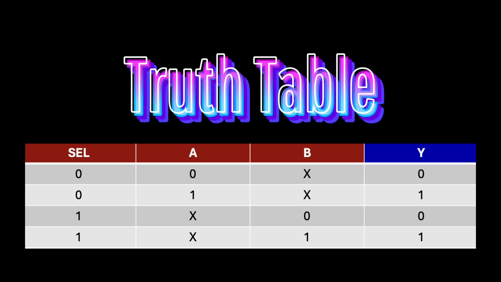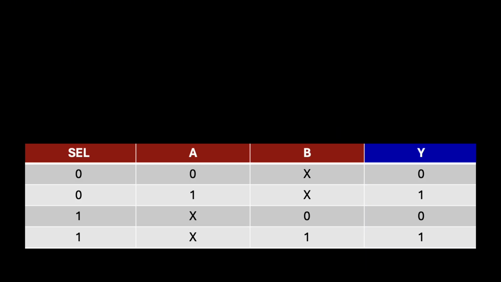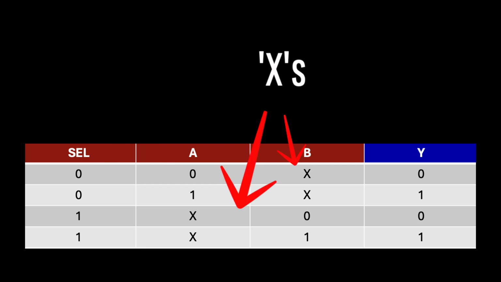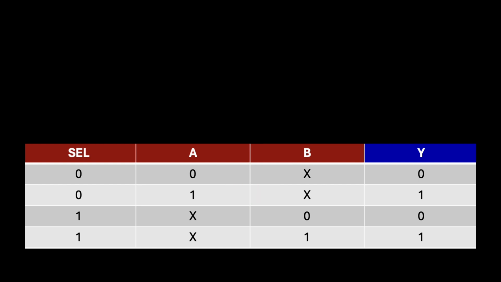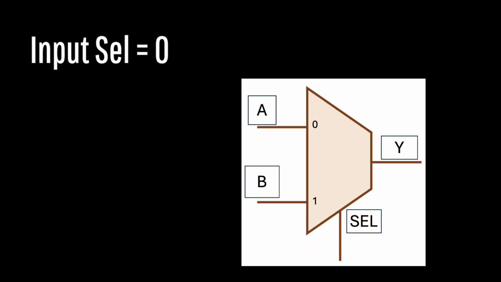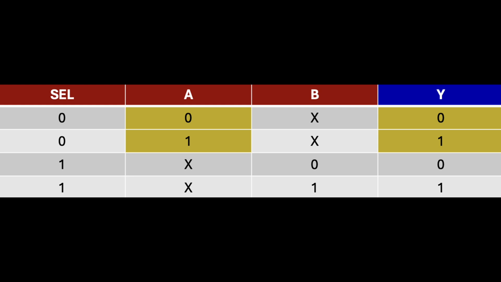Here are the truth tables showing this logic. In this truth table, the values being passed around are 1s and 0s. However, you can also see that there are some x's in the table. This means the value does not matter. Let me walk you through it. As we said before, if we set sel to 0, the output of Y will equal the input of A. This has been highlighted in yellow.